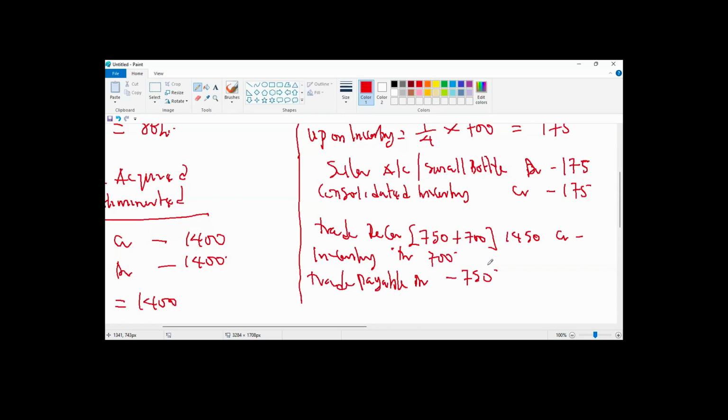He agreed that it's owing 750, not knowing there are goods in transit of 700. So in this Small Bottle account, the parent is owing 750, it will be 1,450, because that one did not know that you are sending goods. He did not know.